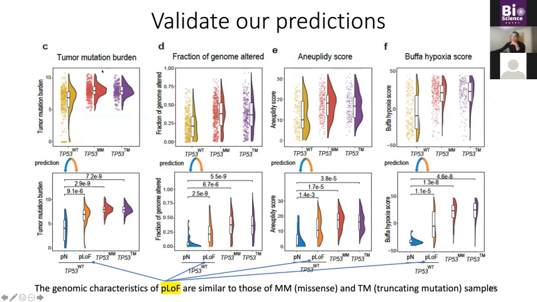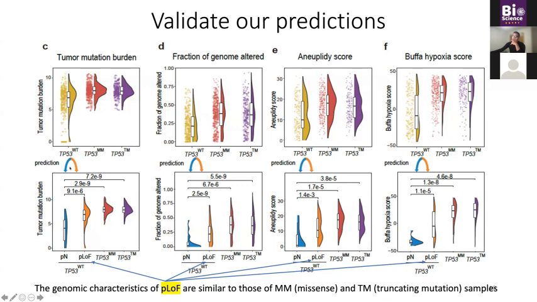In the first column, we see the tumor mutation burden. The Y axis indicates the tumor mutation burden. You can see before prediction, if you compare the P53 wild type to P53 missense mutation or P53 truncated mutation, they are a little bit different. The wild-type cases indeed have a lower mutation burden.